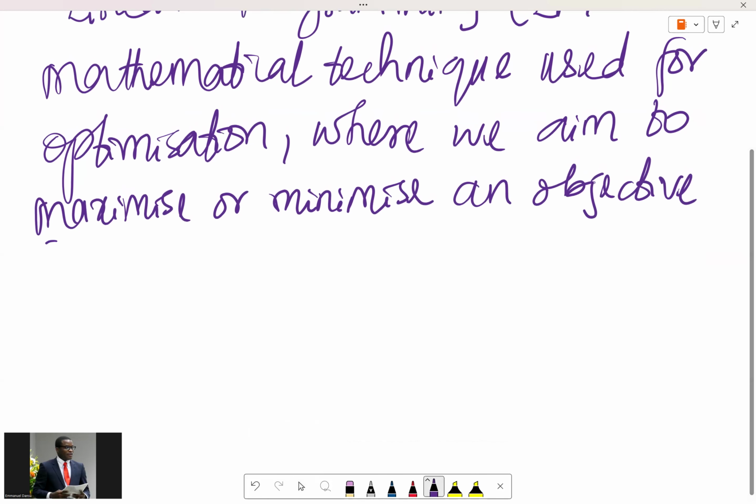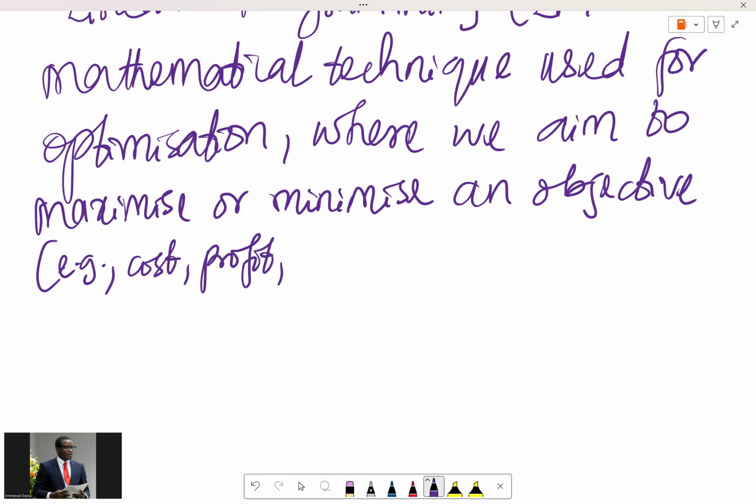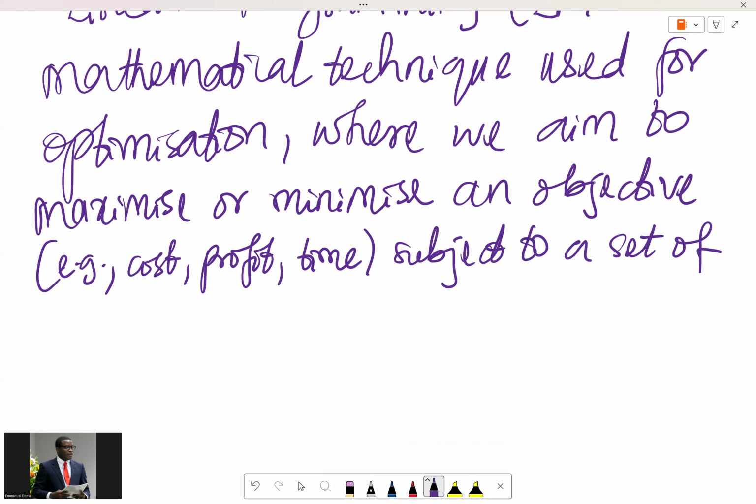So the objective could include things like cost, profit, or even time. And all that will be subject to a set of constraints.